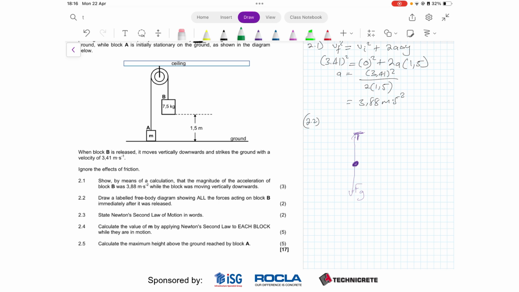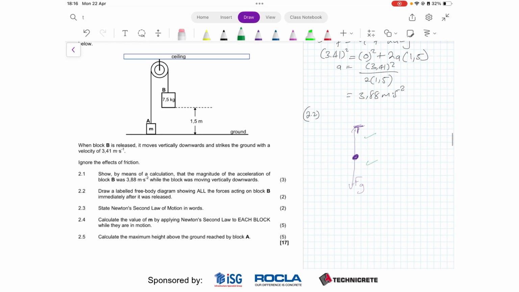And that will be your 2 marks for the labeled free body diagram. This can be written as Fg, weight, force of weight, or whatever you want to write it as, essentially.